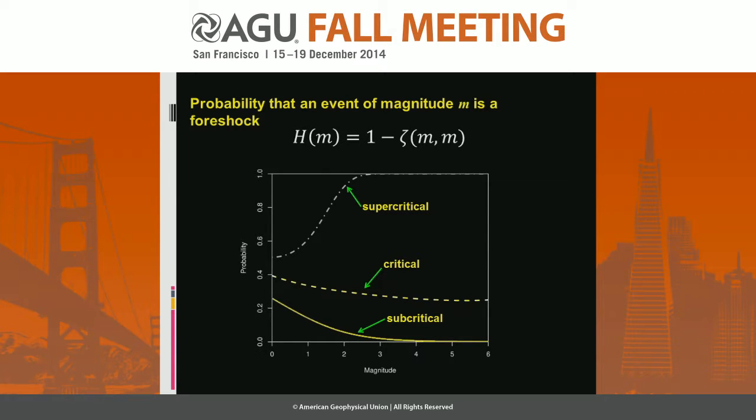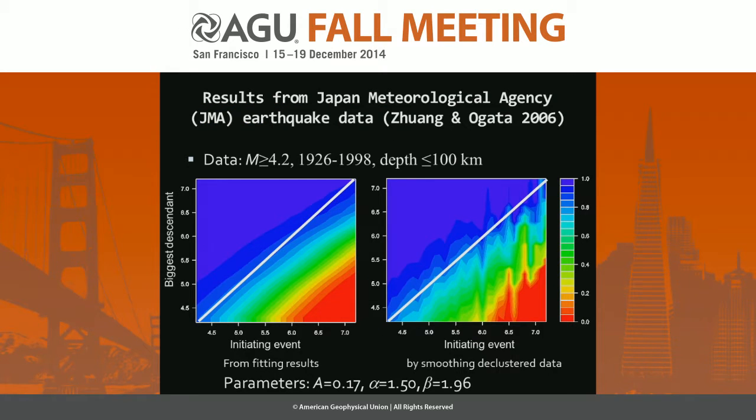If we plot the complementary function of the diagonal, we have the foreshock probability for different magnitude. For the critical ETAS model, this probability tends to a constant. For the subcritical case, this probability drops to 0 when the magnitude grows. Applying the above theory to the JMA catalog, we obtain those two plots.